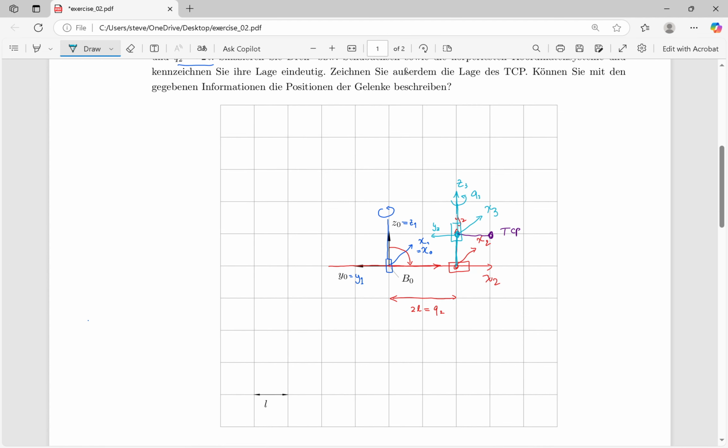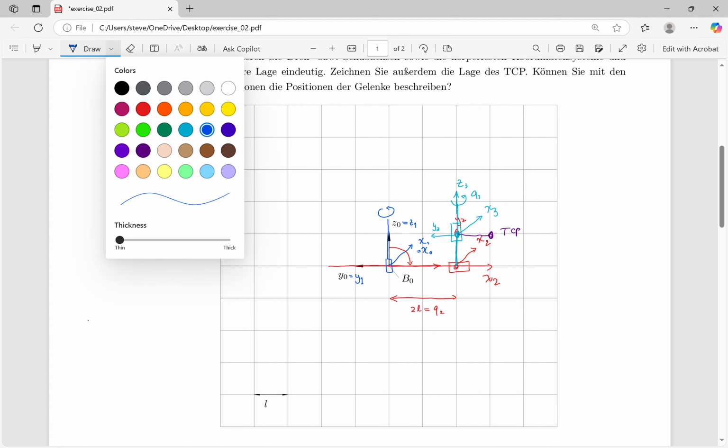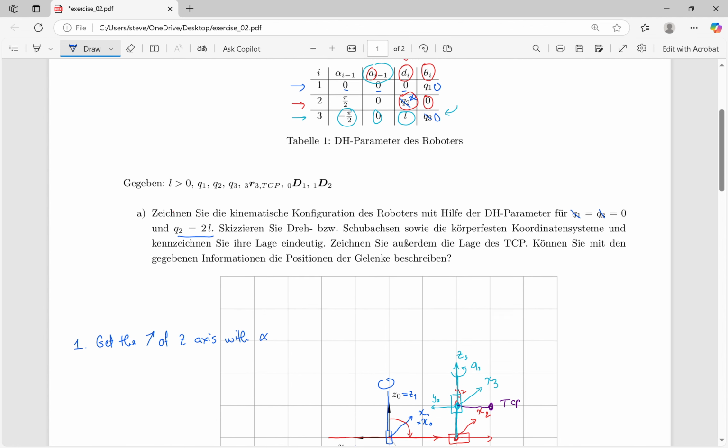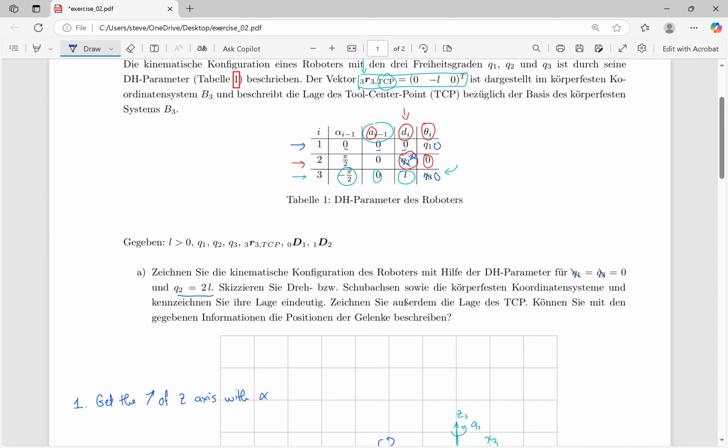So the procedure to solve this kind of task would be, first, get the direction of z axis with alpha, and the index we don't really care. Why? Because just remember that whatever this alpha is, it is telling us how to get from the previous step to this step.